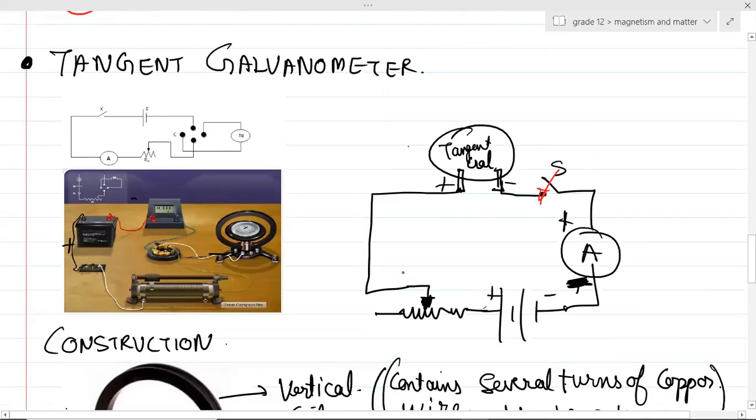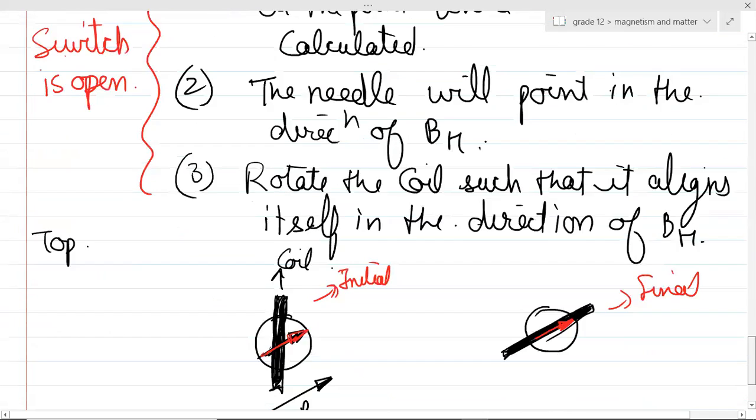As I close the switch, a current starts flowing through the battery, right? And due to this current, inside this coil a current will start flowing. We can measure the current on this ammeter, right? So when the key is closed, the current starts flowing into the coil.